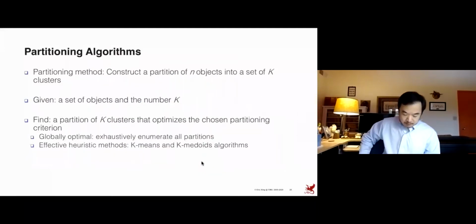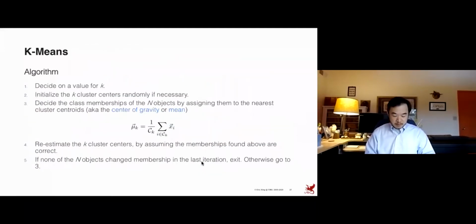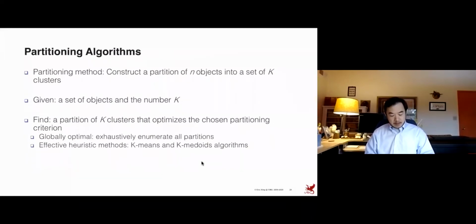Partitioning algorithms are very similar, so I'm going to skip that if you want to do partition in an exhaustive way. But today I'm going to talk about a slightly different partition approach, which takes advantage of some algorithmic tricks and some statistical properties.